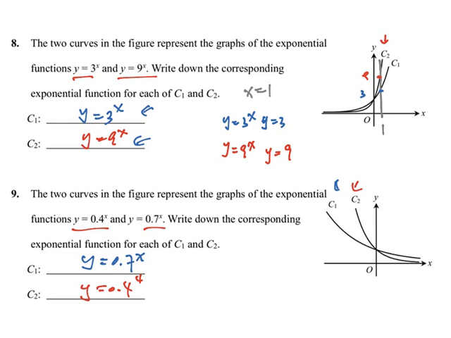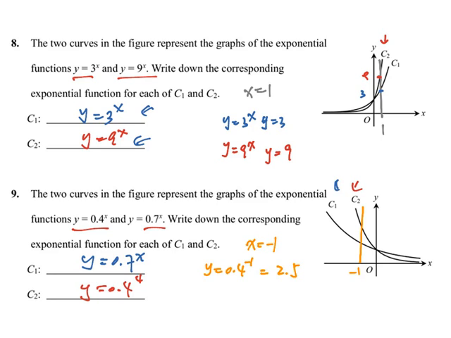Or you can use another method. That means when you substitute, this time x is -1. So y equal to 0.4 power negative 1. So 0.4 to the power negative 1 is equal to 2.5.